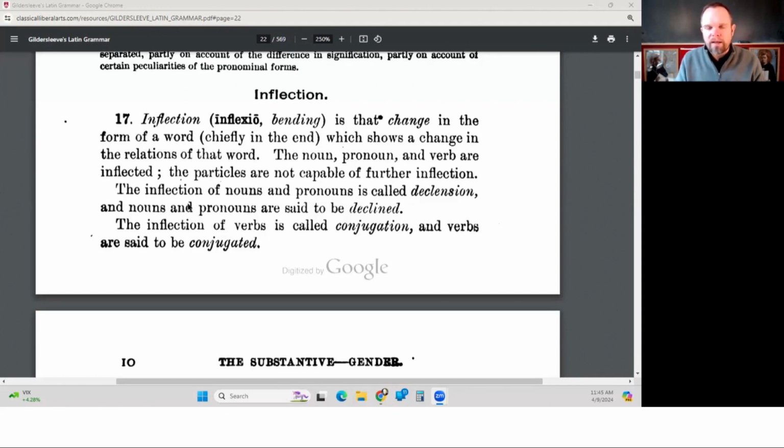That's also why I ask you to translate the Latin one word at a time, because it's confusing sometimes to match up the Latin and the English translation, because there may be one Latin word that has two or three English words as its translation.